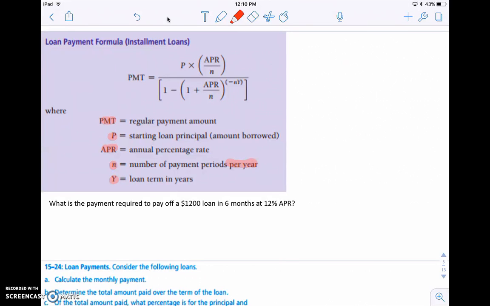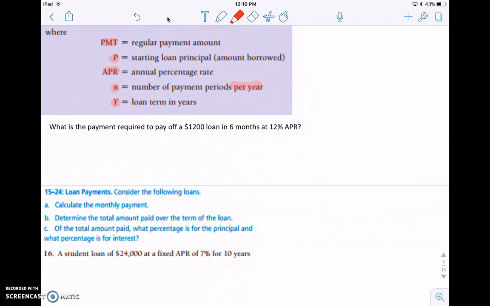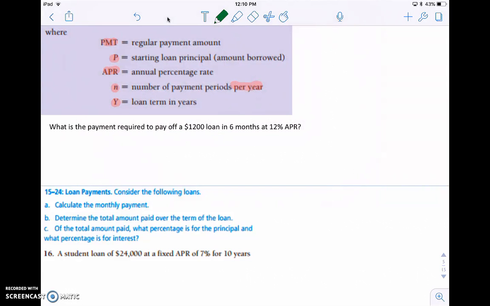So let's look at that question. What is the payment required to pay off a $1,200 loan in 6 months at a 12% APR? Again, we're trying to find the payment. So the payment is equal to the initial amount we're borrowing times our APR, which is 0.12, divided by 12 payments per year.